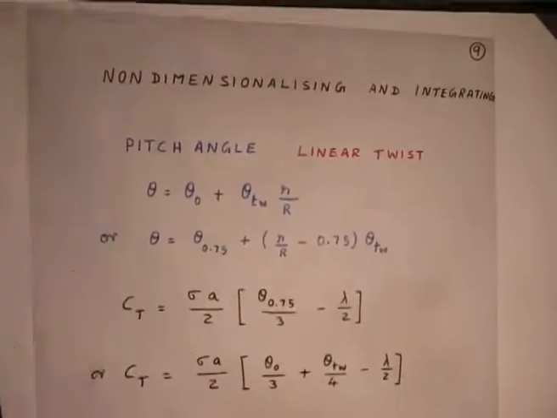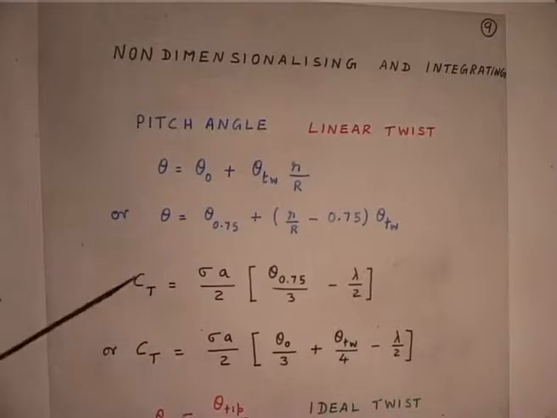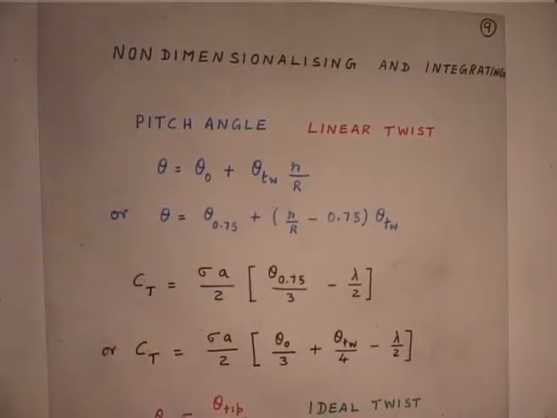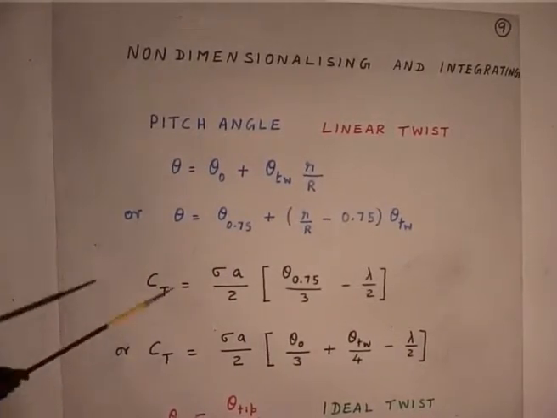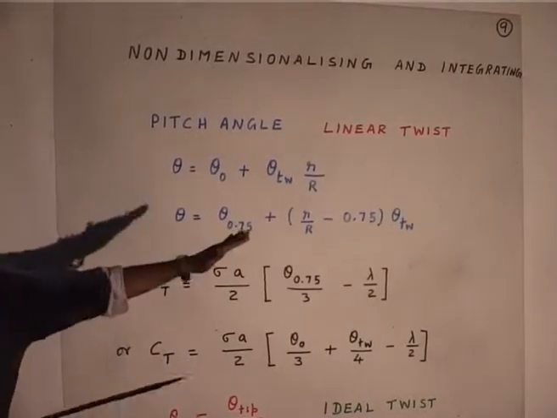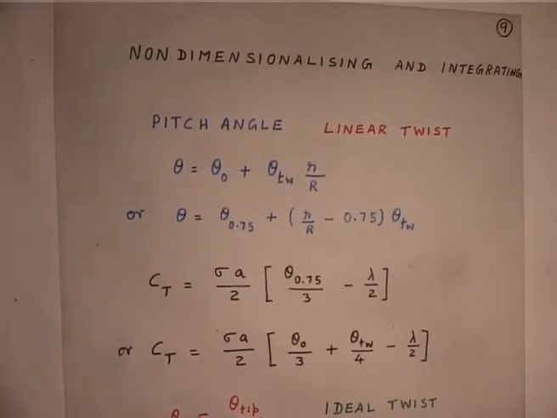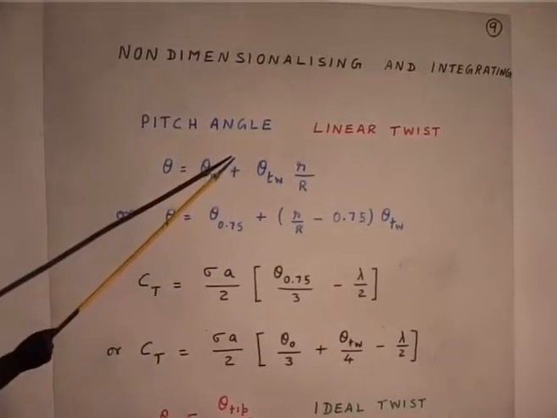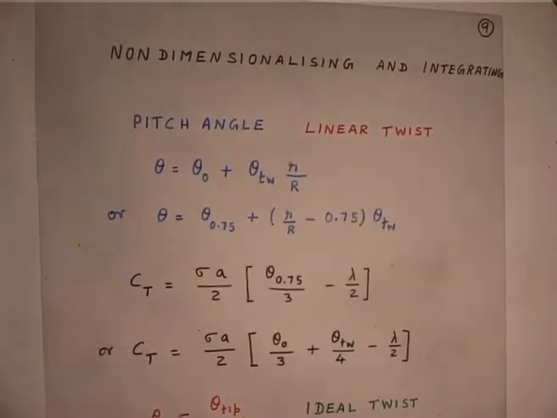I am not going to write it, because this is just for if I have a linear twist, please understand here I use 0 twist. If I have a linear twist, theta naught, that is theta twist into r over R. This can be written in terms of the angle at 0.75 R.